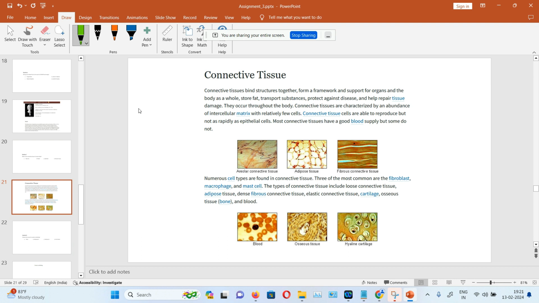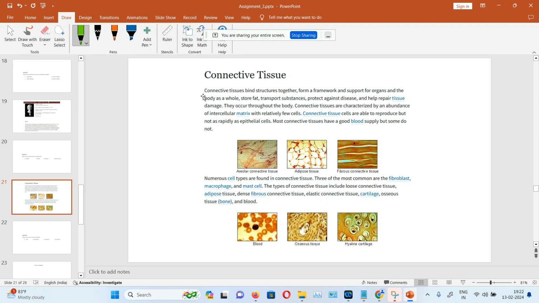So I don't have any ownership of any of the images here. All the ownership of those images belongs to the corresponding authors only. This is only for education purposes, so I don't have any ownership of these images.